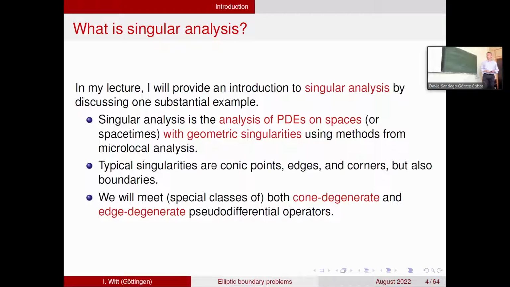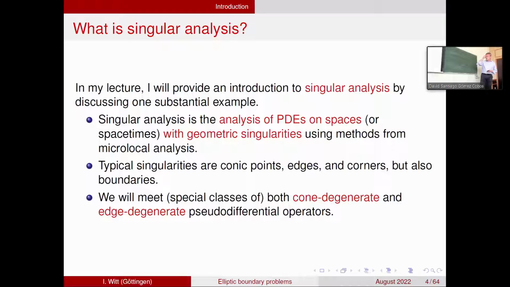These singularities could be conic points, edges, corners, and so on, but also boundaries. And we are discussing here the case of boundaries.